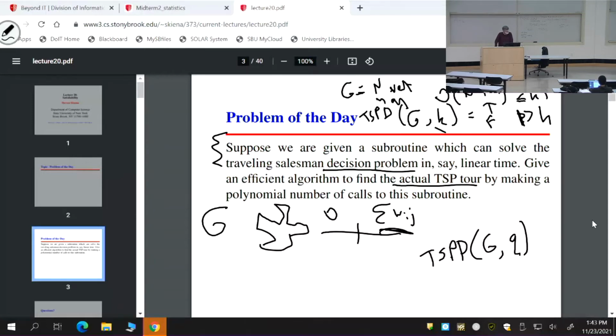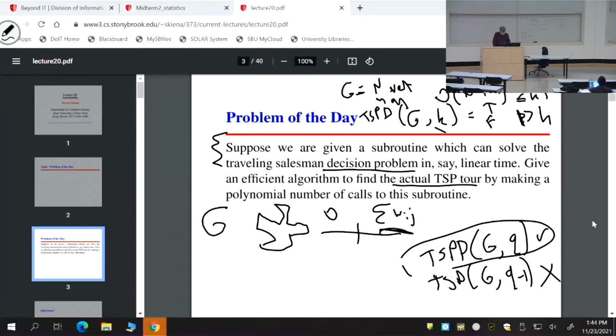If the subroutine says yes, there is a tour of size Q, but when you call it with Q minus 1 there is not a tour, you know that the shortest possible tour is going to be Q.